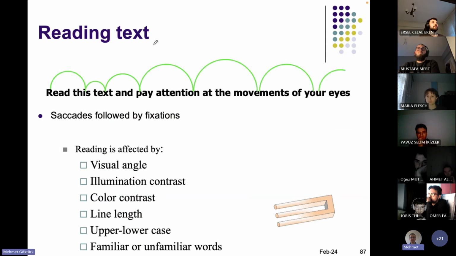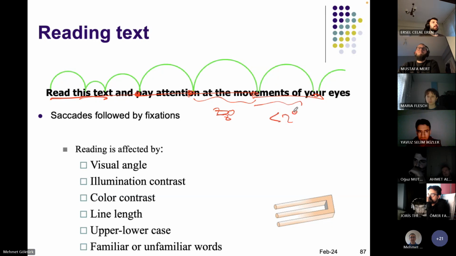I already explained, when I'm reading the text, I go stop, go stop, go stop, go stop, and each of them must be smaller than 2 degrees. Usually it is around or smaller than 2 degrees.